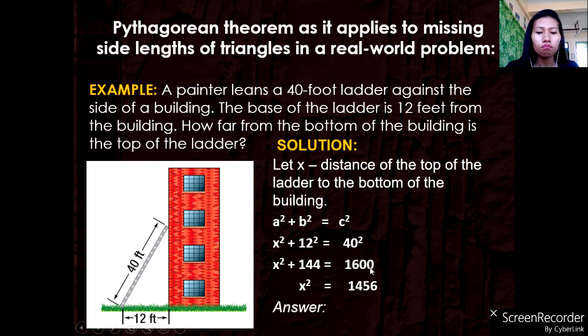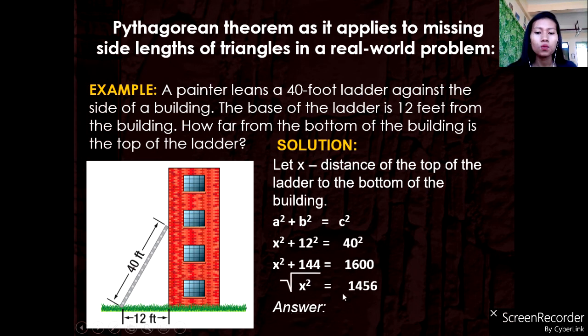So, subtract natin both sides ng 144. Makukuha natin is x square. 1,600 minus 144 is 1,456. So, para makuha natin yung missing side or unknown side, square root natin both sides, yung x square and then yung 1,456.